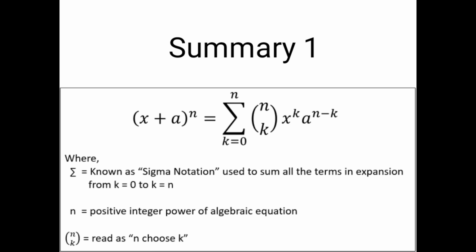Sigma notation is used to sum all the terms in the expansion from k equals 0 to k equals n. Also, n is a positive integer power, and n combination k is read as n choose k.